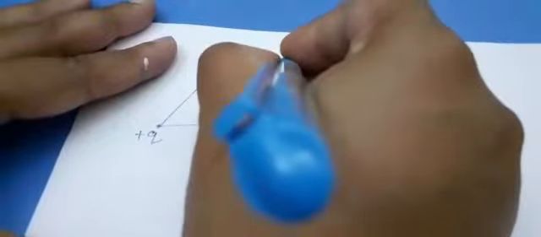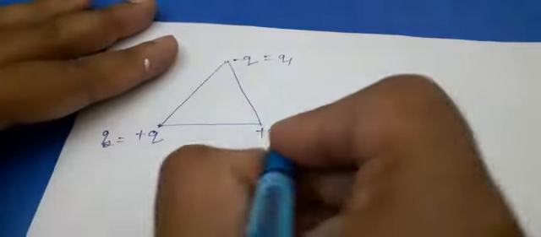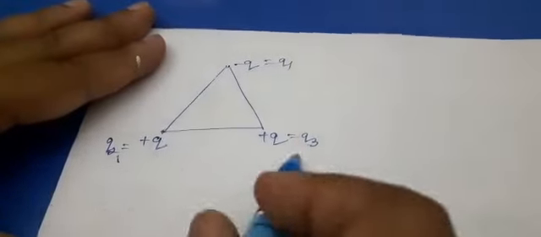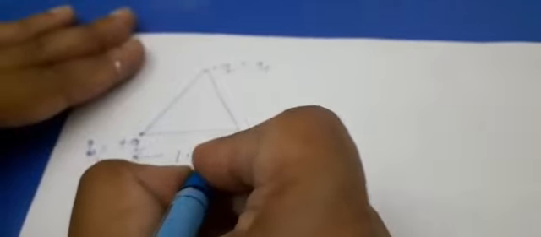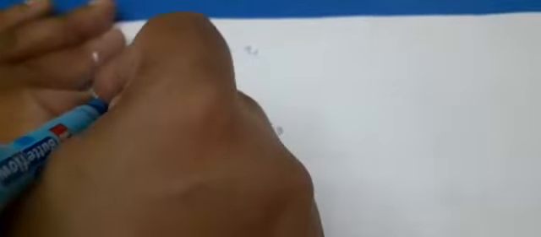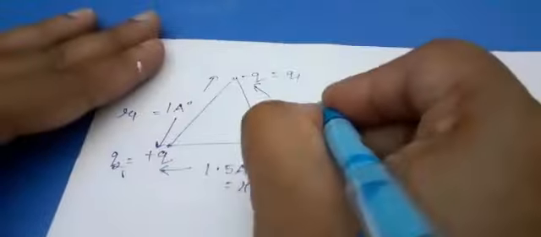Let them be Q1, Q2 and Q3. These are protons, and as per the statement, the separation between them is 1.5 angstrom. The distance between Q1 and Q2, that is electron and proton, is 1 angstrom. Same is here. Let this be R1, this R2 and this R3.